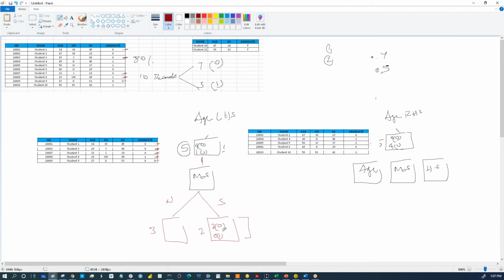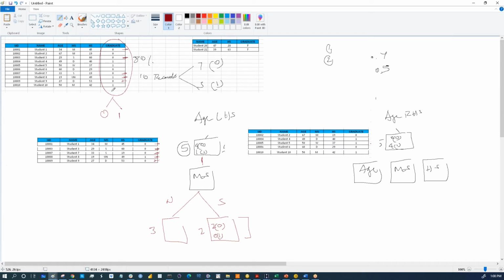So how many classes do we have here? One class. You can't go further. Now I'm talking about this one. How many classes? 2. We got classes of 0 and classes of 1. So is this pure or not pure? It's not pure because we have 2 classes.